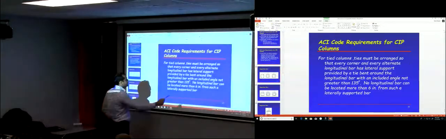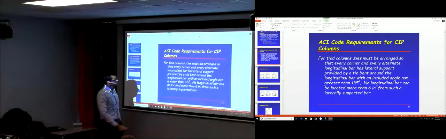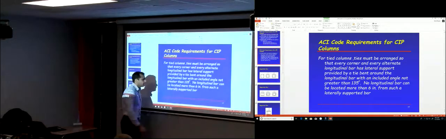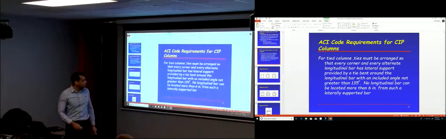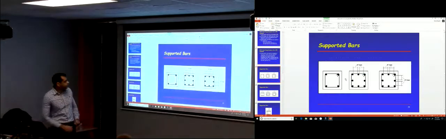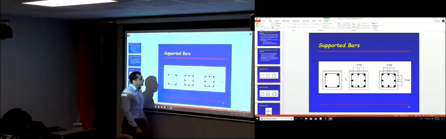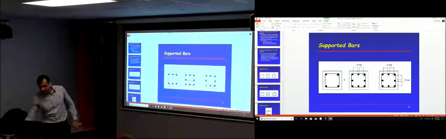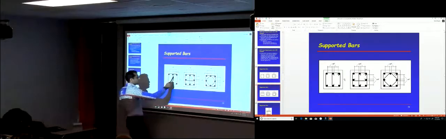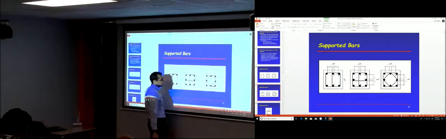For tied columns, ties must be arranged so that every corner and every alternate longitudinal bar has lateral support provided by a tie bent around the longitudinal bar with an included angle not greater than 135 degrees. No longitudinal bar can be located more than 6 inches from such a laterally supported bar. And here we have some figures representing this. This distance cannot be more than 6 inches in both directions. If it's larger than 6 inches, you have to provide a stirrup in the other direction.